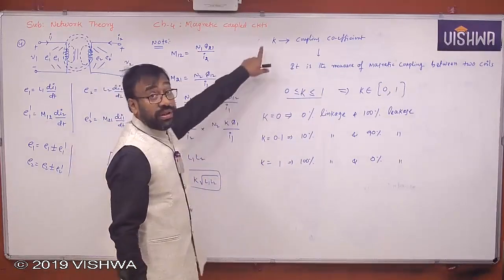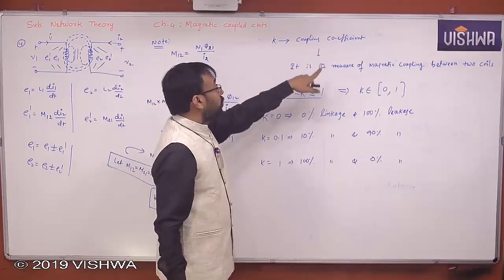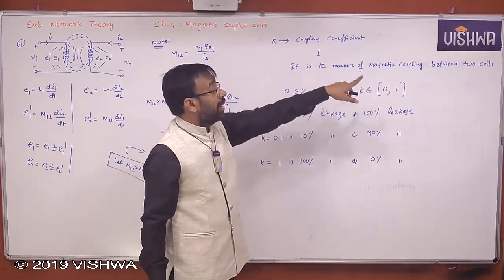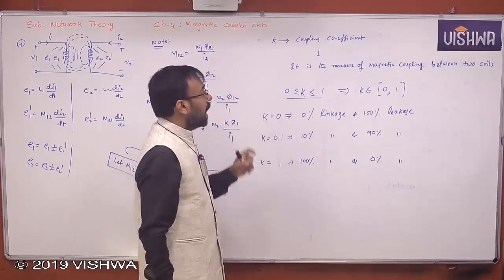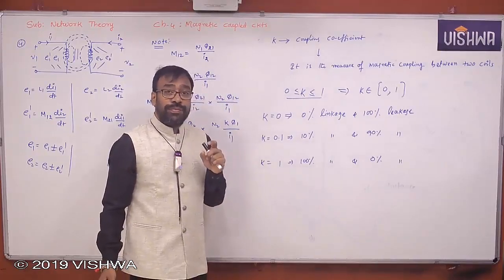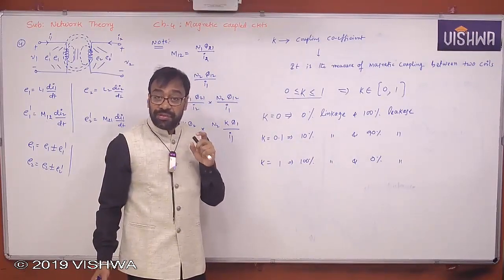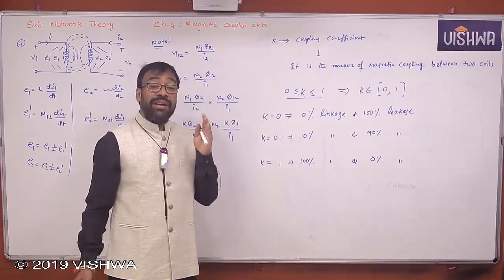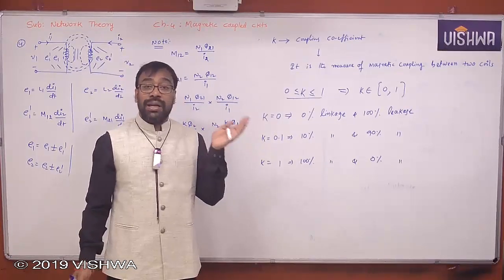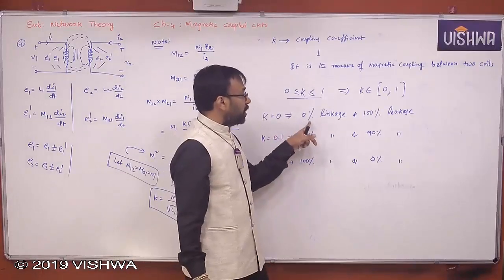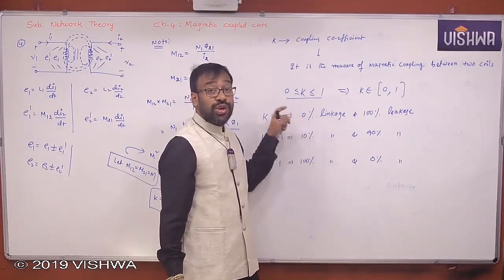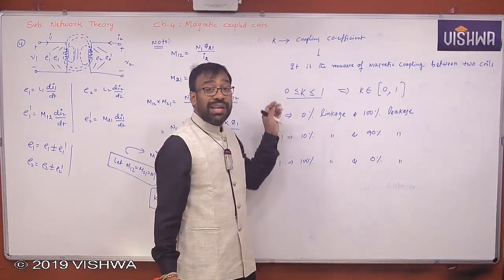K value is very, very important here. Coupling coefficient. It is a measure of magnetic coupling between the two coils. Understand, all of you? It will clearly indicate how much percentage of the total flux emanating from one coil is linking with the other coil. Now here you see 0% linkage. That means 0% is linking with the secondary coil.